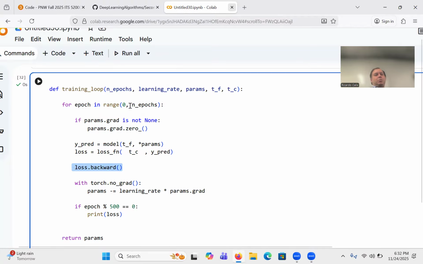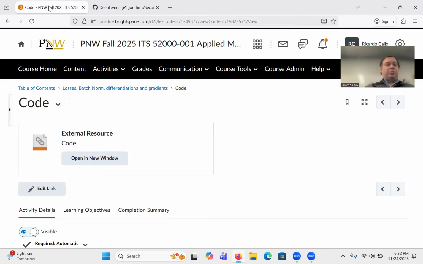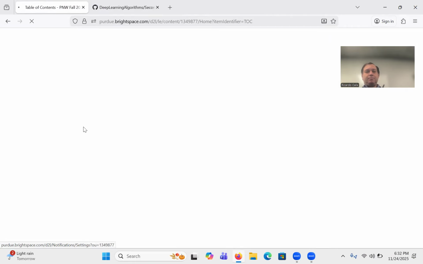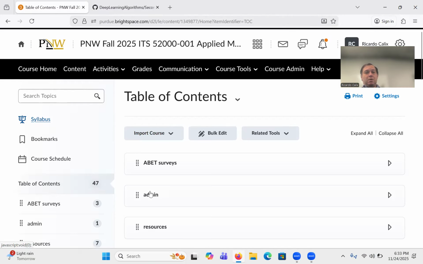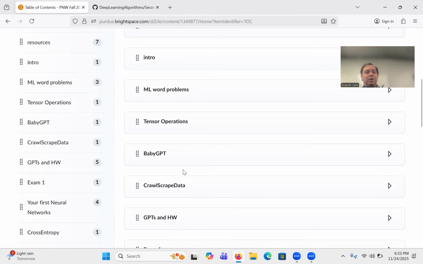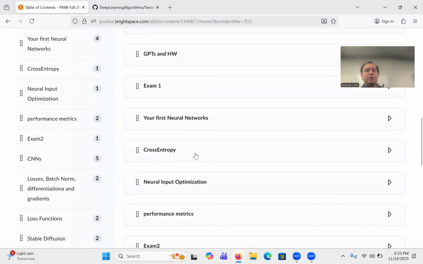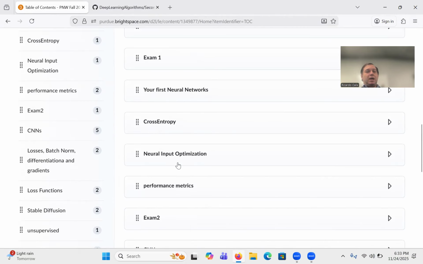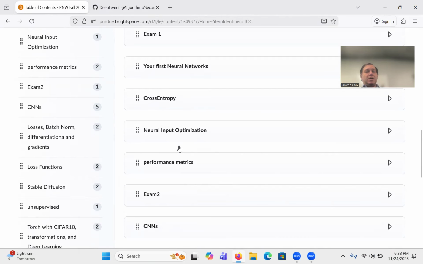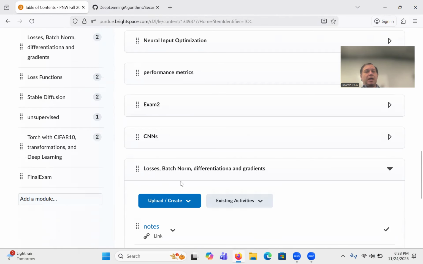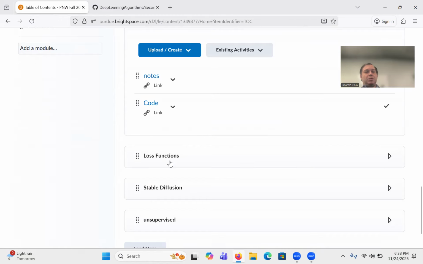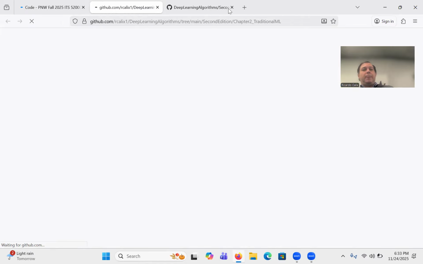So let me close this Jupyter Notebook. Let's go back to Brightspace, table of contents. Let's see where we are. We've covered your first neural networks, cross entropy, performance metrics, CNNs, and now we're just wrapping up these two modules. So we're going to go to our code section.